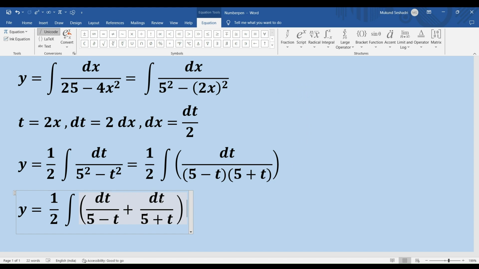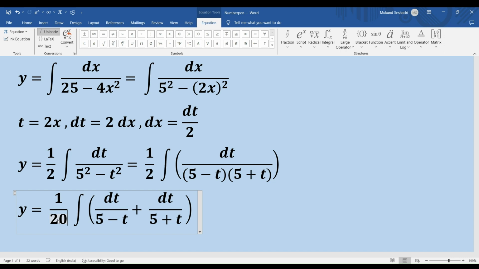What you actually get is, when you do the cross multiplication, in the numerator you will get a 10 because the t and t gets cancelled out, and in the denominator you will get back your 5 square minus t square, right? So what happens is you have a 10 in the numerator, and to compensate for that you will have to add a 1 by 10 to this particular expression, which means I'm going to pull that 1 by 10 outside of the integral. You already have a 1 by 2 out there, and therefore it becomes a 1 by 20 times integral of dt by 5 minus t plus dt by 5 plus t.